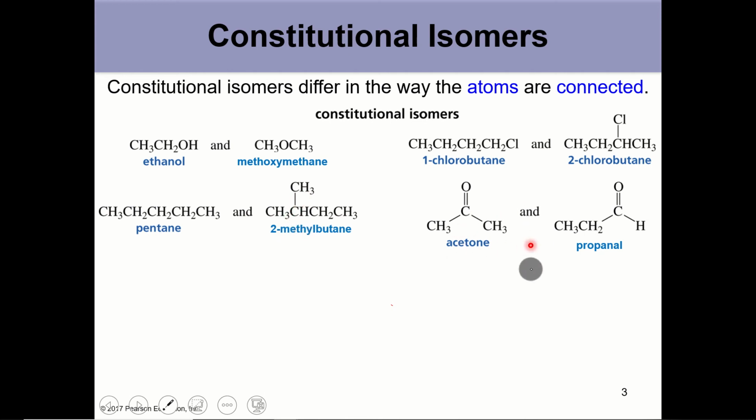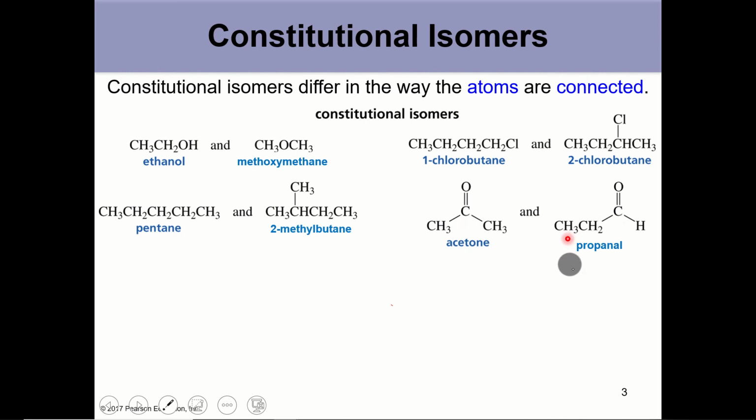Okay. Another difference that we can have for constitutional isomers would be the difference between acetone and propanal. They both have the molecular formula C3H6O. But acetone is a ketone, so the double bond to oxygen has to be at a carbon that is not at the terminal carbon in a chain.